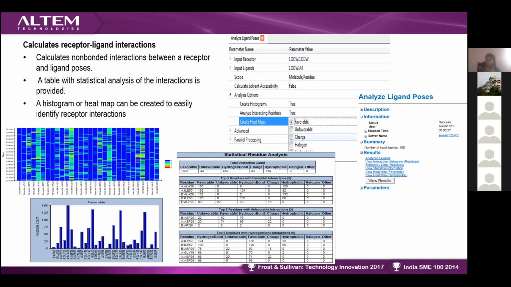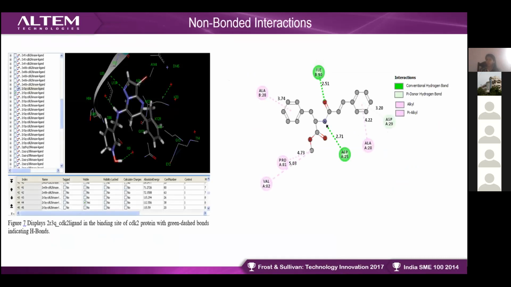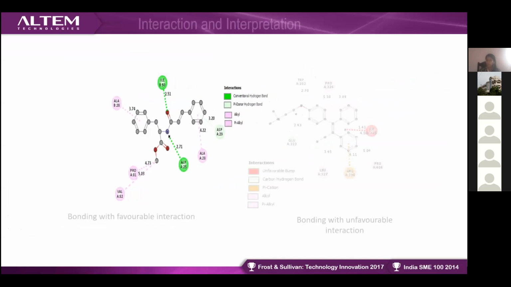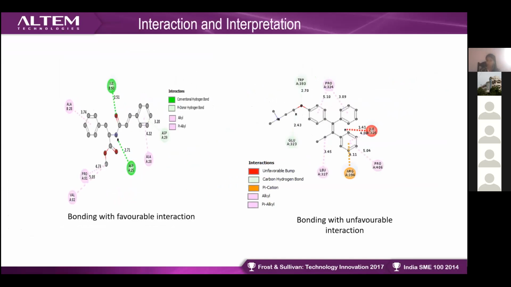So this is what is there in the receptor ligand interaction. And you can also look for the non-bonded interaction. How do you look for it? The parameters will be available, and once you have got the parameters, you look for the non-bonded interaction between your protein and ligand molecule, and how you interpret your molecules.